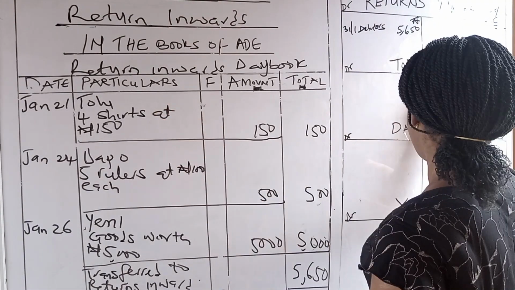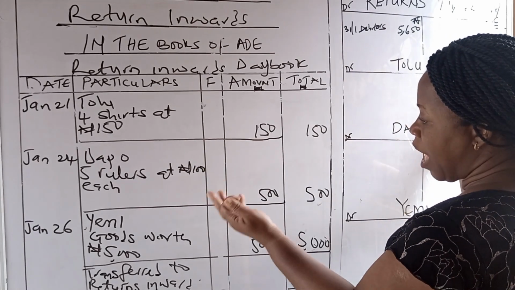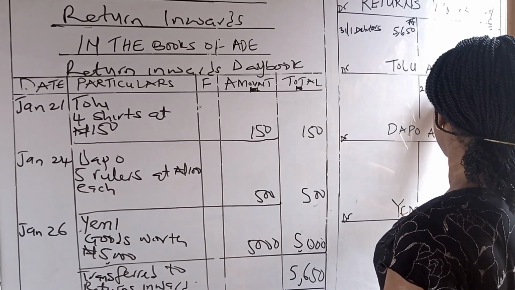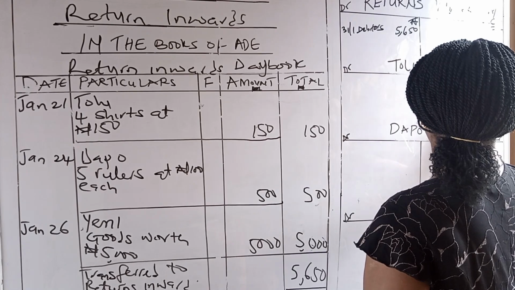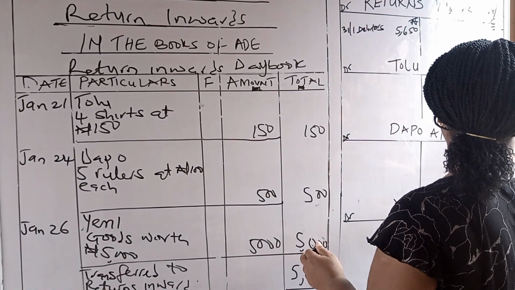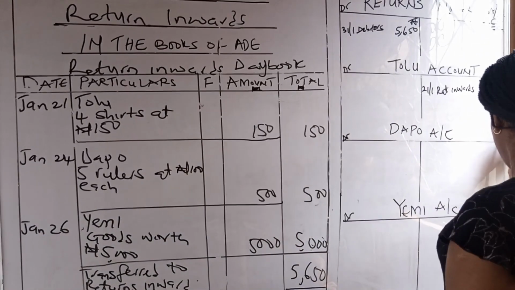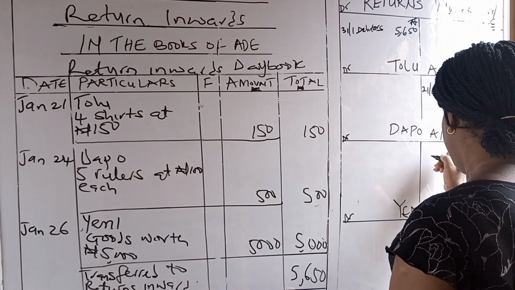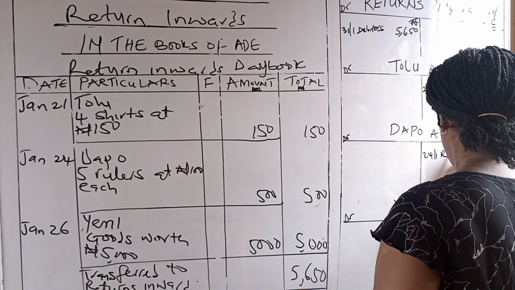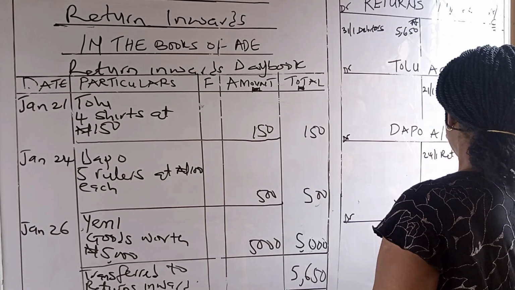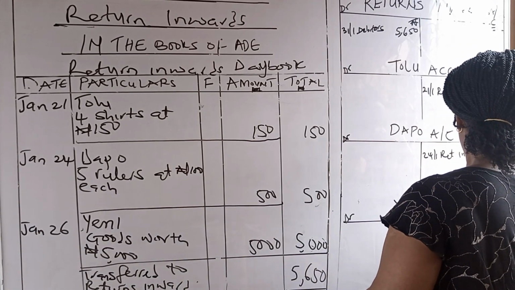So the date, 21st of January, and what led to the reduction, that's return inwards, of how much? 150 naira. The same thing goes for Dapo: 24/1, return inwards, 500 naira.